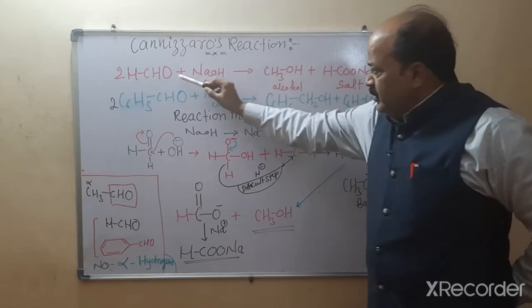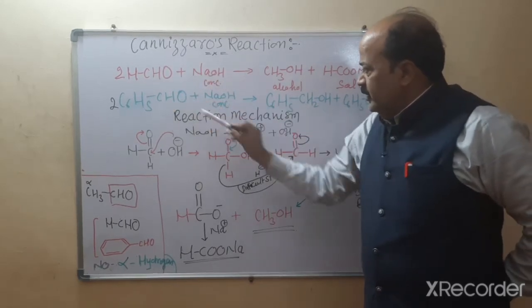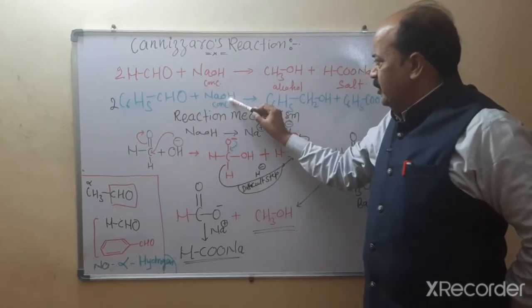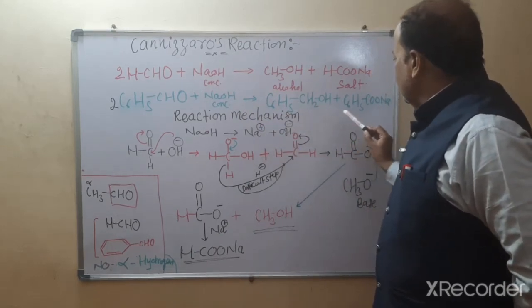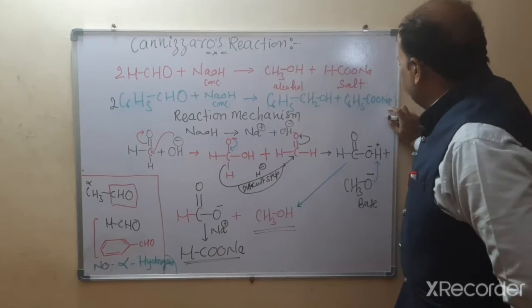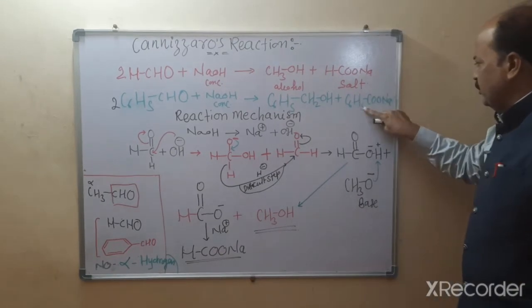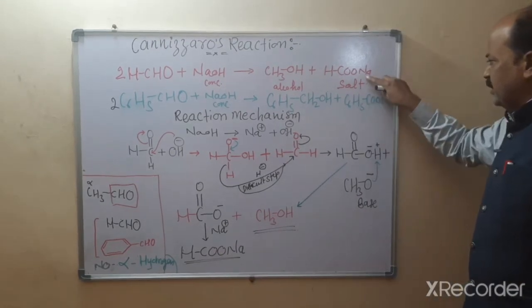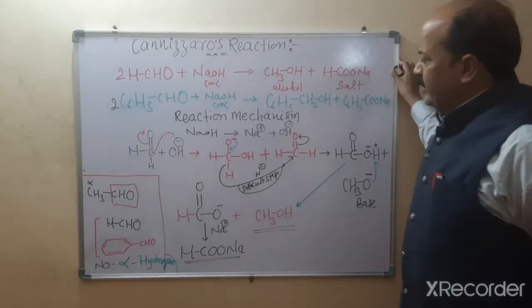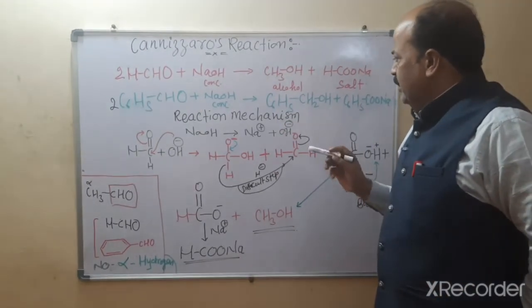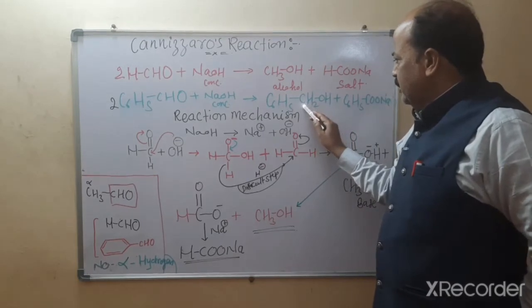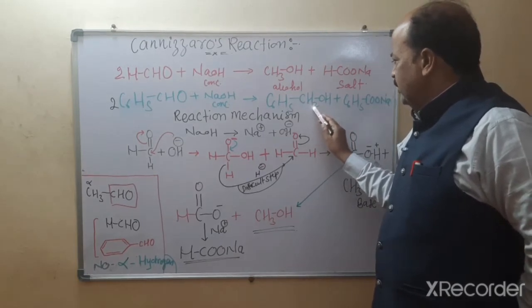And in place of this, if you take benzaldehyde, then it reacts with NaOH and will form benzyl alcohol and sodium benzoate. See here, this is sodium benzoate, which is also a salt like this salt. During the reaction, one benzaldehyde's carbon is reduced because the number of hydrogens here increased.